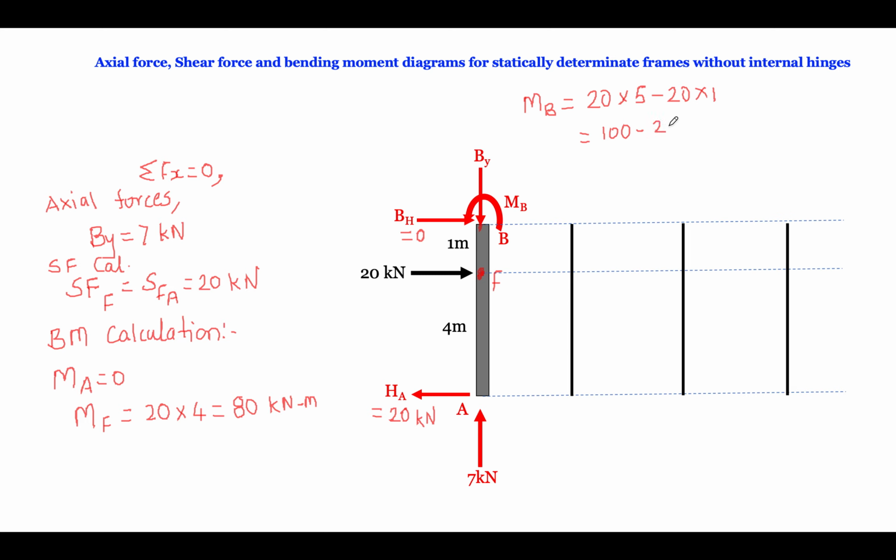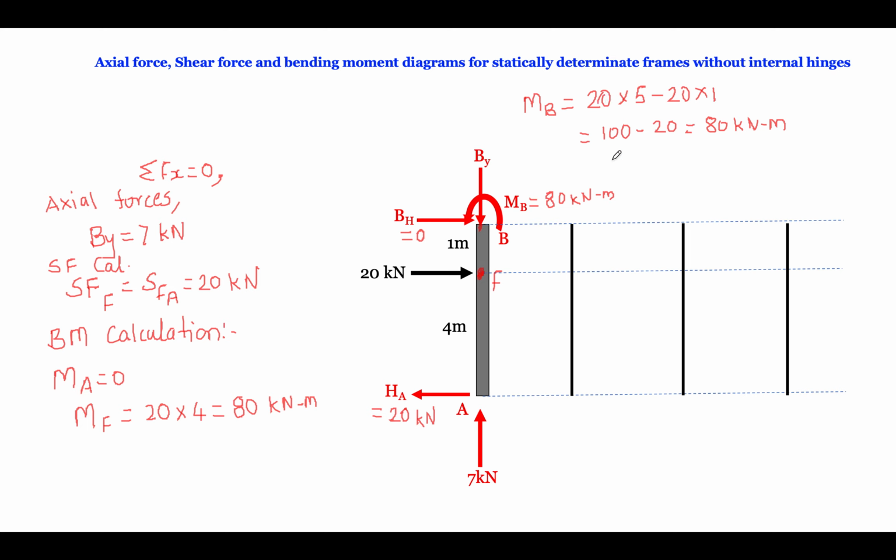So we get 80 kilonewton meter. Okay, so we get the moment as 80 kilonewton meter. So at both the places, at this point and this point, there is the same moment.